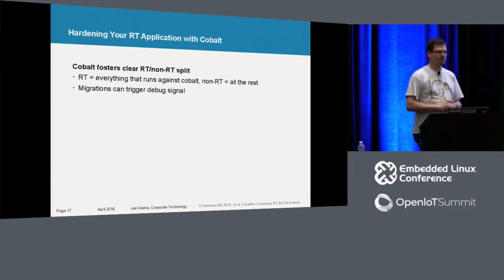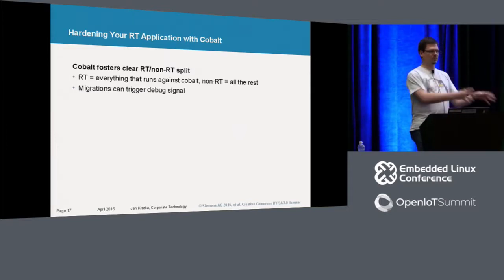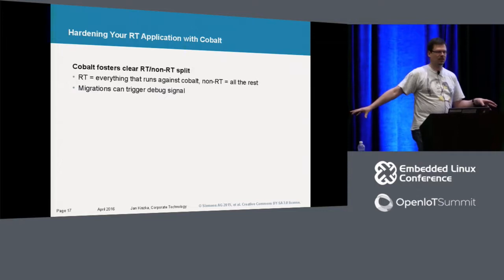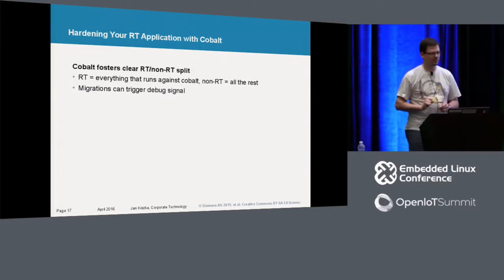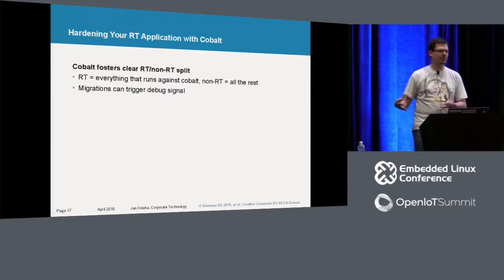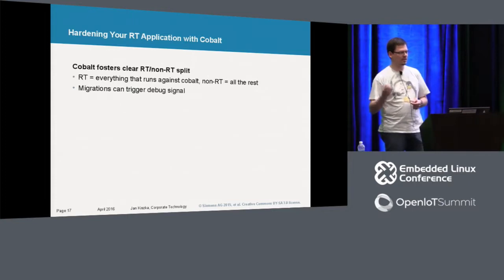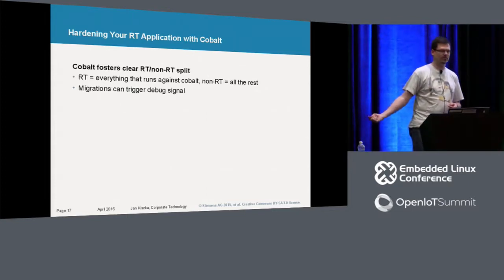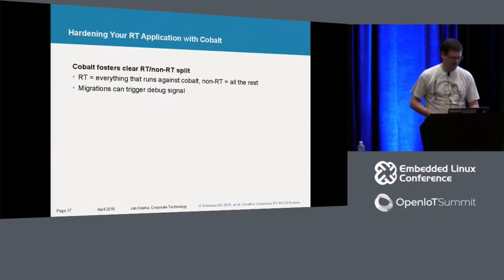And that means if your real-time application, which is supposed to only call the real-time services, suddenly does something else, you get a notice. Naturally, because then the task is being migrated. And that is something that we actually exploit by sending a signal to the task, hey, you just migrated. Do you know this? And this signal, of course, can be managed, for example, by a signal handler.